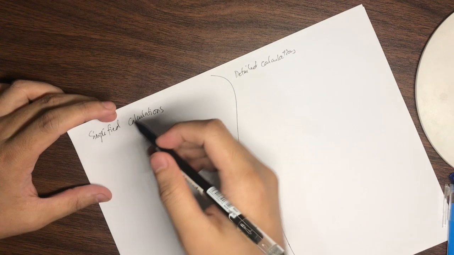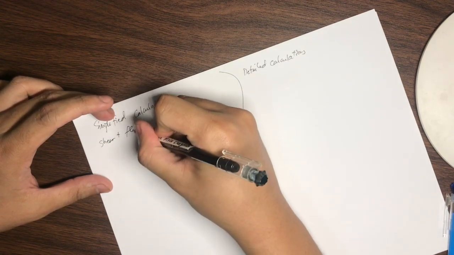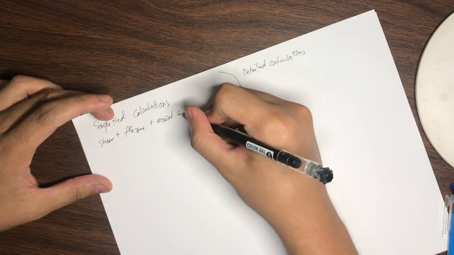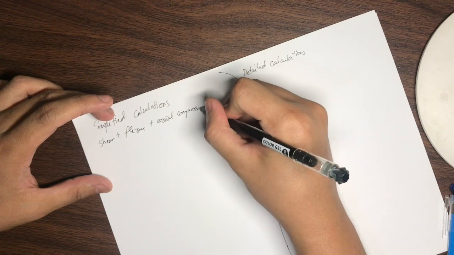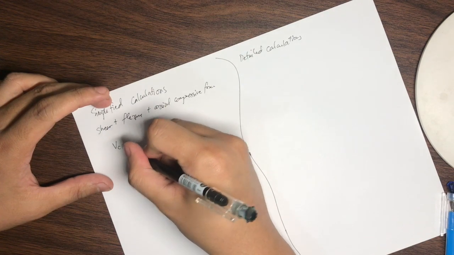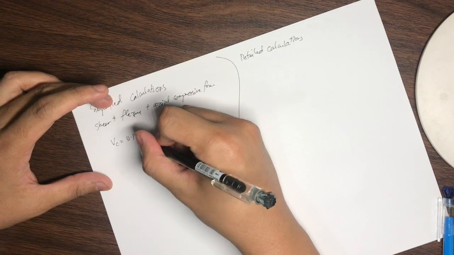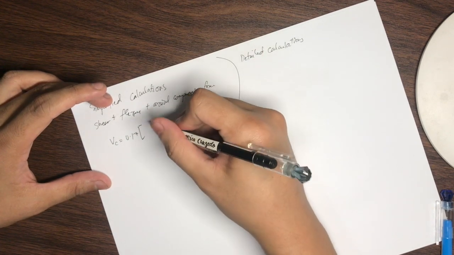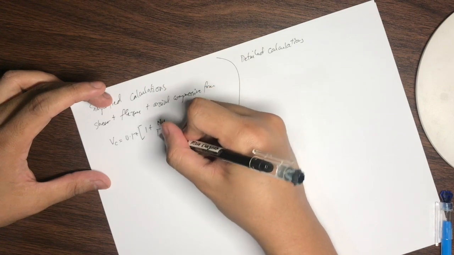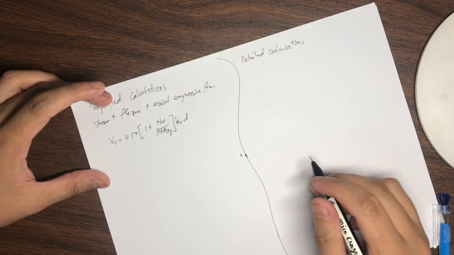So what if your concrete beam is now subjected to shear plus flexure plus axial compression or compressive force? Okay. Your Vc or your shear concrete capacity is now equal to 0.17 multiplied by 1 plus Nu over 14 Ag, multiplied by its area, which is bwd.